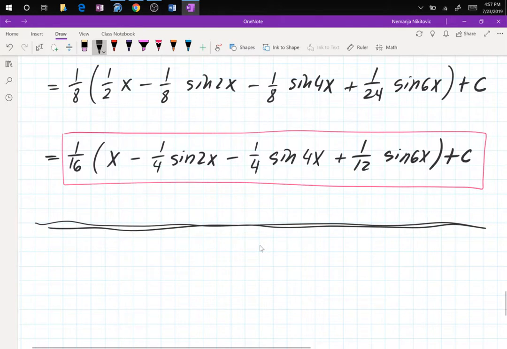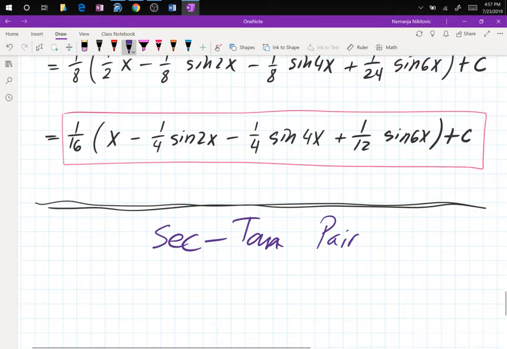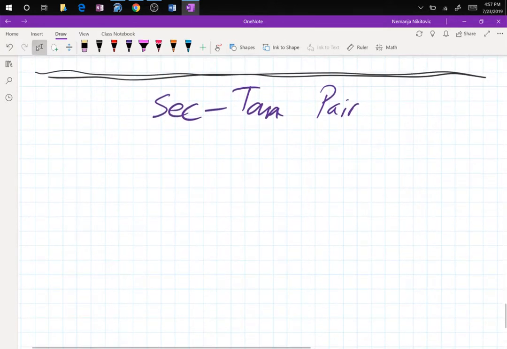The goal for today is to work on the secant tangent pair. So that's the goal for today.